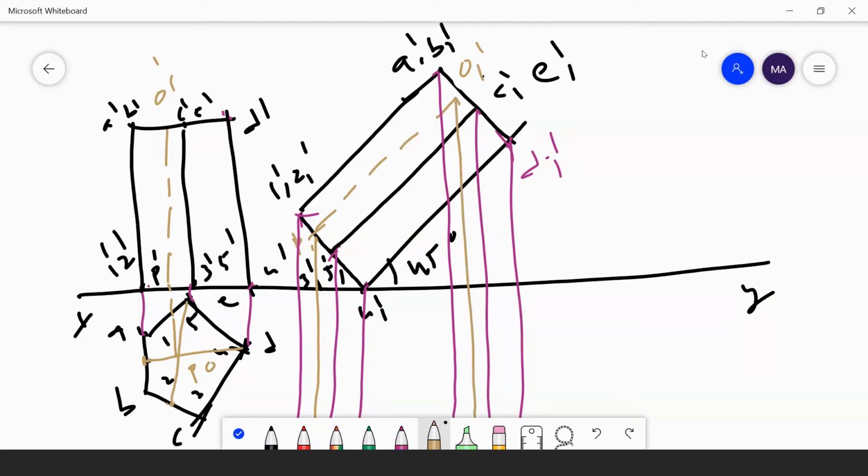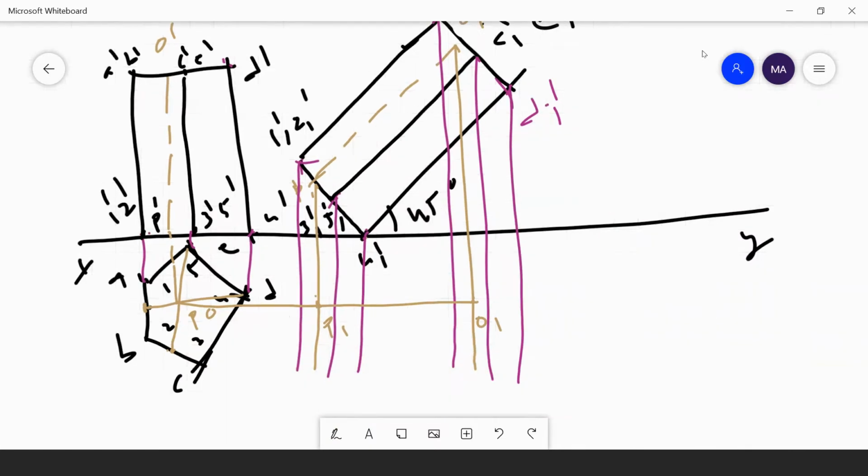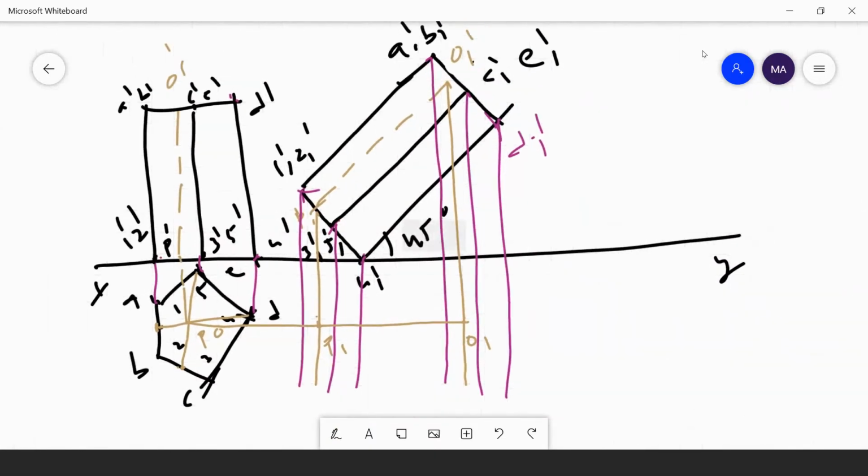I am projecting this midpoint line in the midpoint. Here you have point P1. Here you have point O1. Then I am projecting all the points towards the right side.